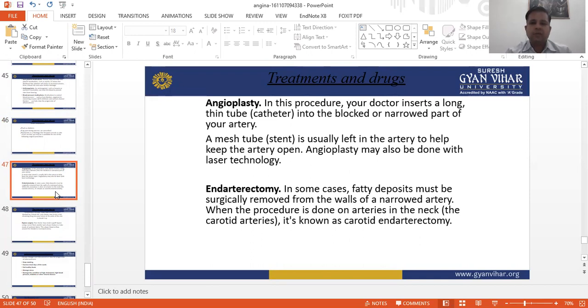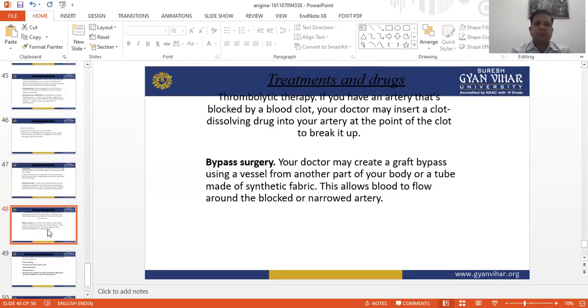Endarterectomy. In some cases, fatty deposits may be surgically removed from the walls of a narrowed artery. When the procedure is done on arteries in the neck, that is the carotid artery, it's known as carotid endarterectomy.